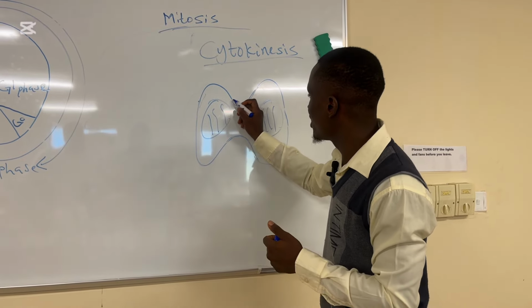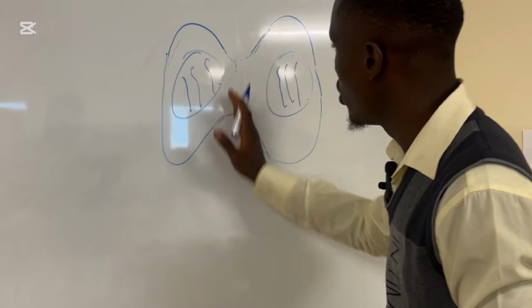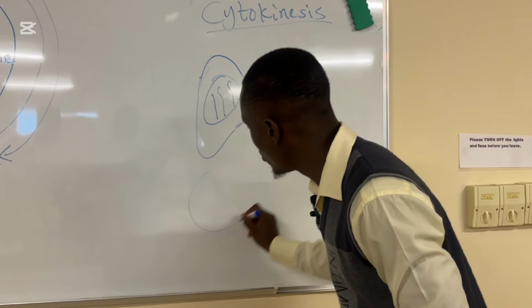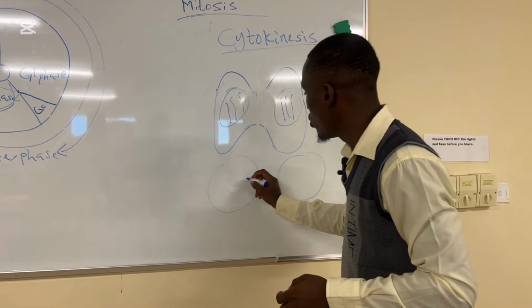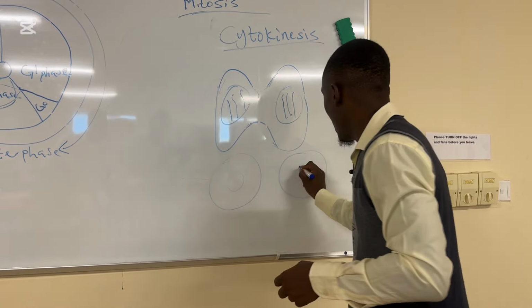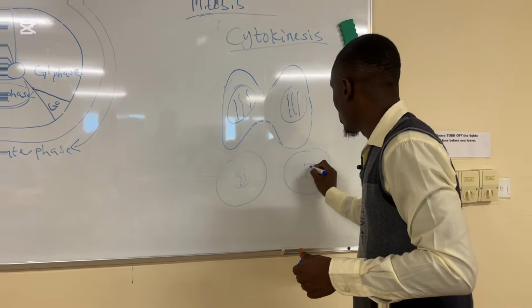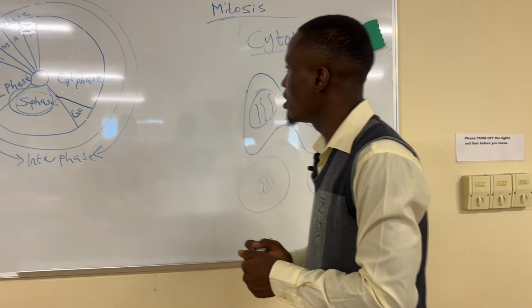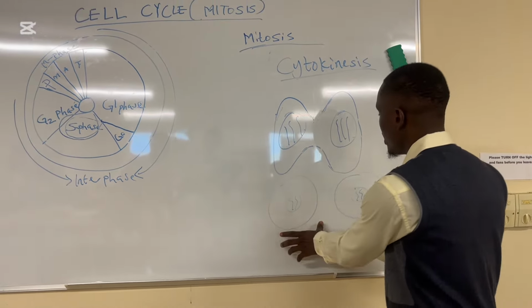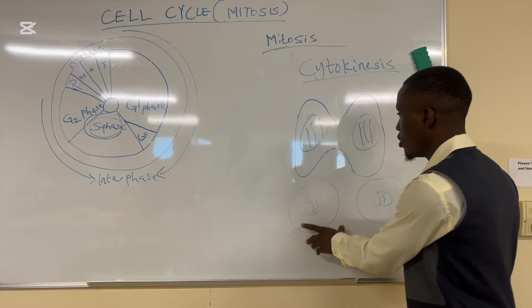As you can see with the diagram we have here, the cytoplasm begins to divide into two, such that at the end of the day, we are going to have two different cells having their own nuclear membrane. And within this nuclear membrane is where we have the chromosome, which consists of the genetic constituent. At the end of the day, as you can see, one cell is splitting into two. A singular cell is splitting into two.